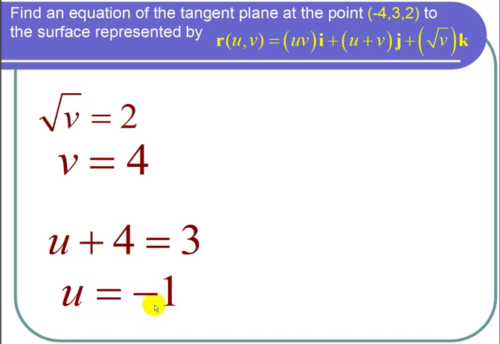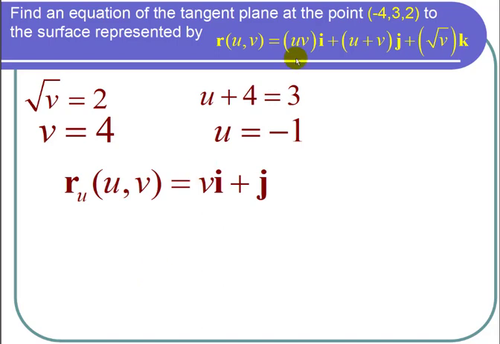So now that I have the values for u and v, let's find out what r_u and r_v are to get the normal vector. So the partial derivative with respect to u of r is equal to, well, the partial derivative with respect to u of uv is just v. The partial derivative with respect to u of u plus v is 1.